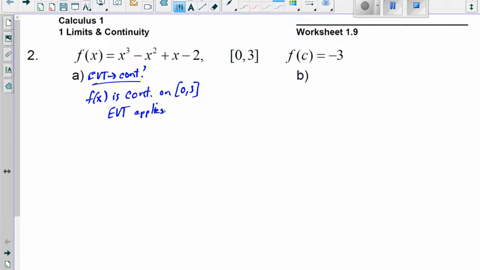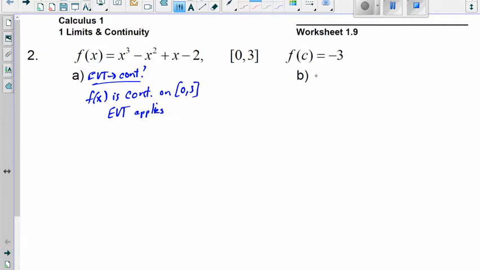Part B is, again, verify that the IVT applies, and if it does, then find that C value that it guarantees will happen. For part B, there are two parts, remember. The first part is the same thing that we just did, so I'm going to write them both down for the individual problem here.